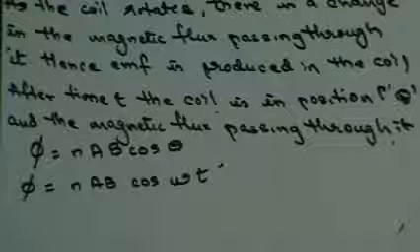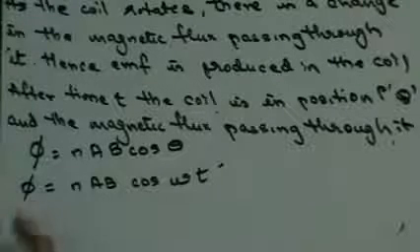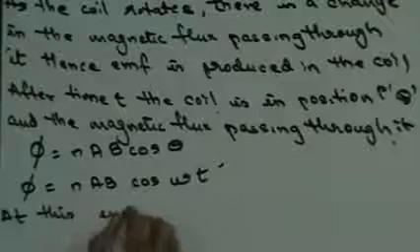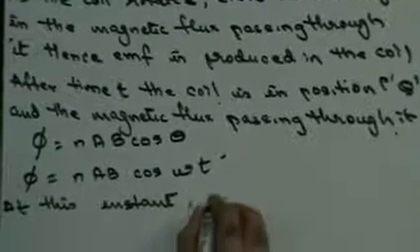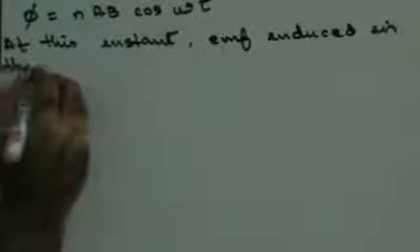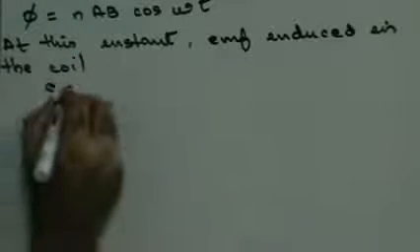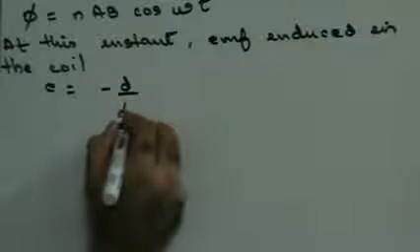Now, at this instant, what will be the EMF that will be produced in the coil? The EMF induced in the coil is nothing but the negative rate of change of flux.